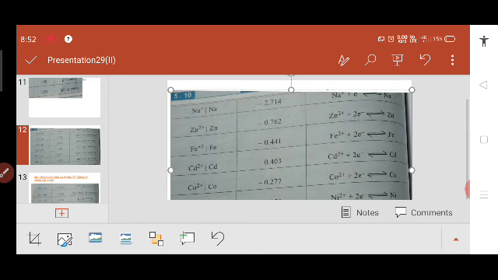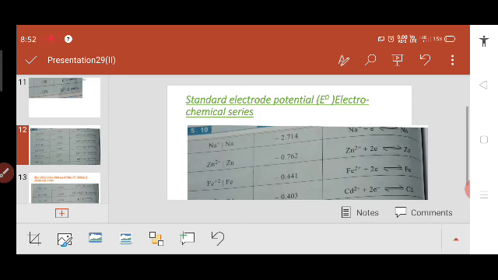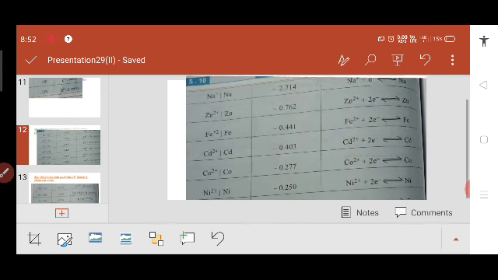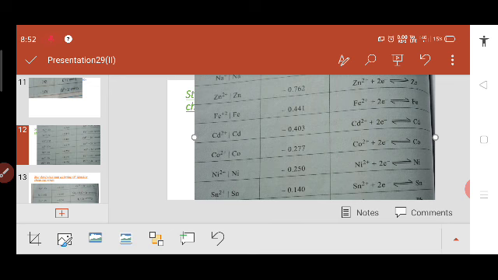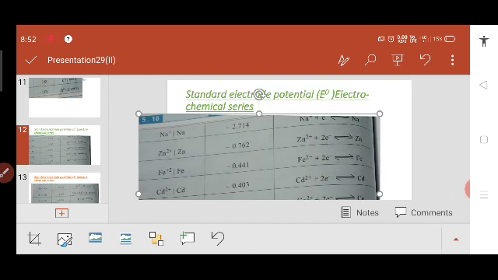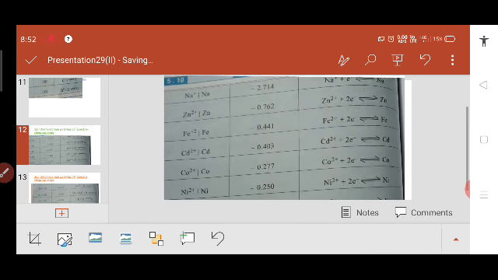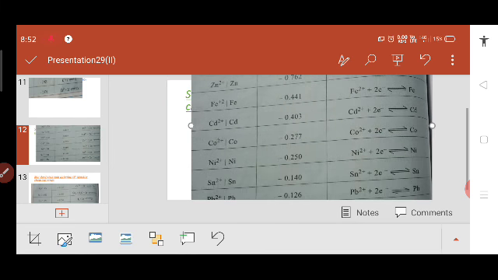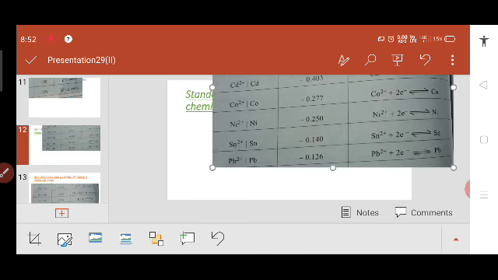Whatever it may be, we have to observe that the electrode potentials gradually increase. The gaining capacity of electrons is called the reduction reaction, and the potential is called the reduction potential.